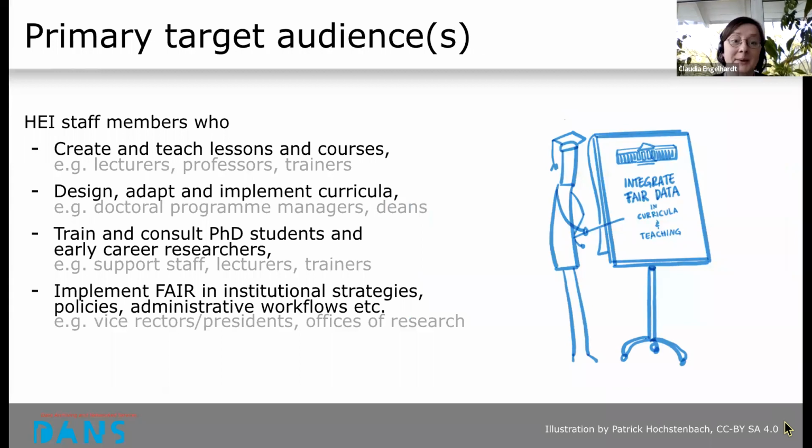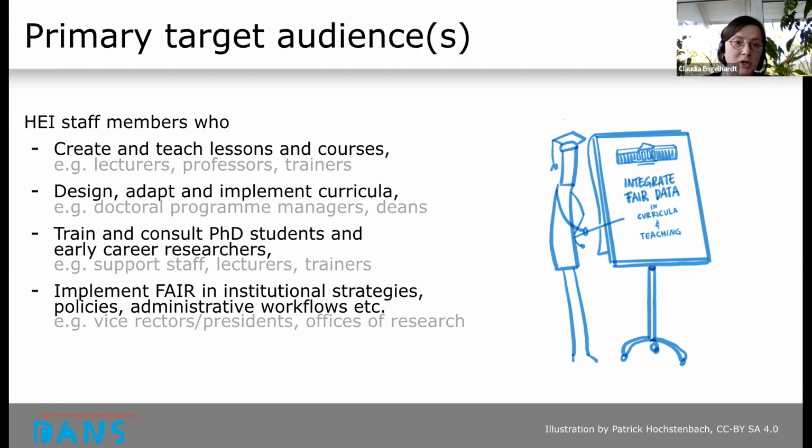So, who are the primary target audiences of the handbook? It's basically staff members of higher education institutions in different roles, because when you want to get FAIR into the curricula, different roles need to be involved. First of all, there are, of course, those who create and teach lessons and courses: lecturers, professors, trainers, and people in similar roles.